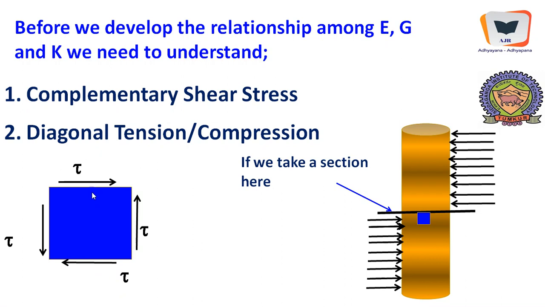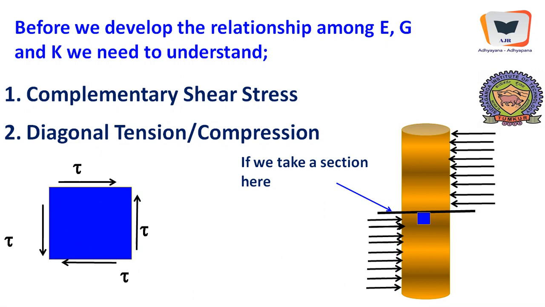However, it will be in equilibrium as far as sigma Fx is concerned. However, it may tend to rotate with respect to the center of this particular point. Therefore, in order to safeguard rotational equilibrium, a pair of shear stresses will be developed on the opposite faces, here and here.